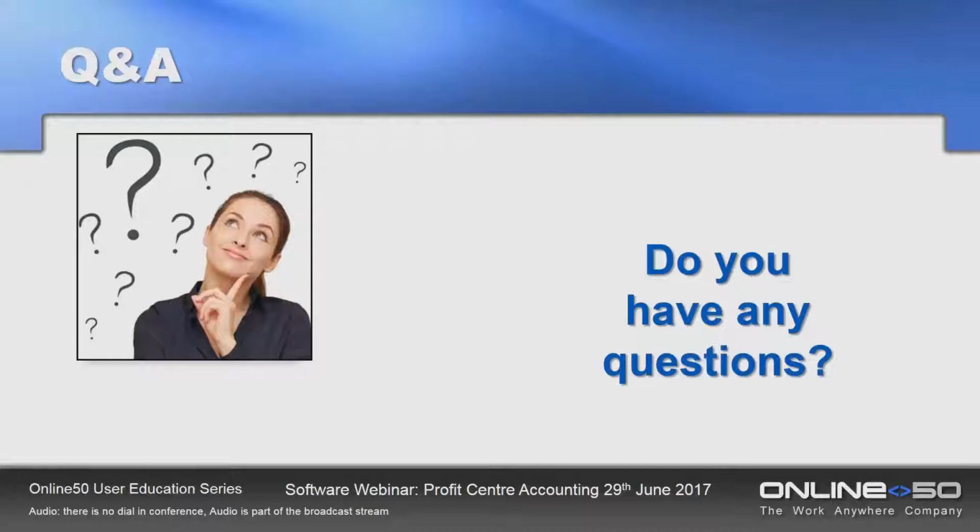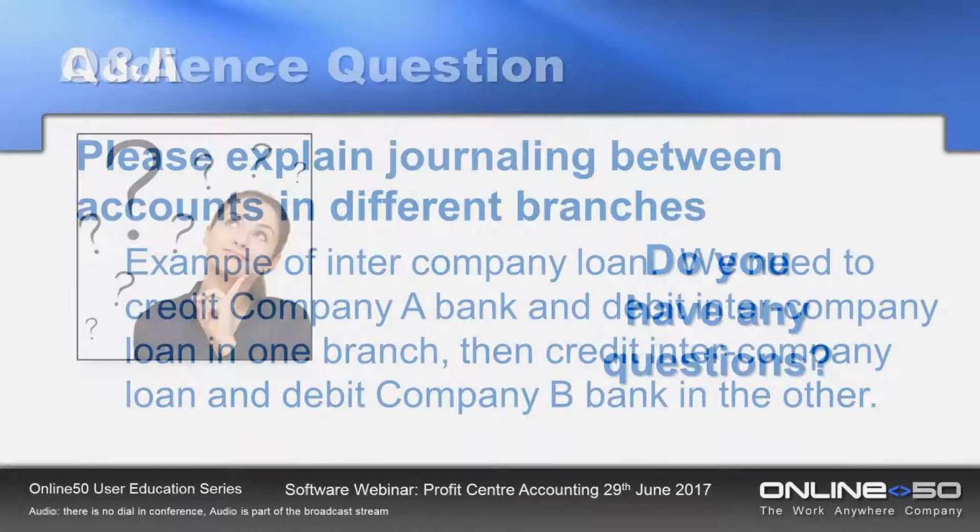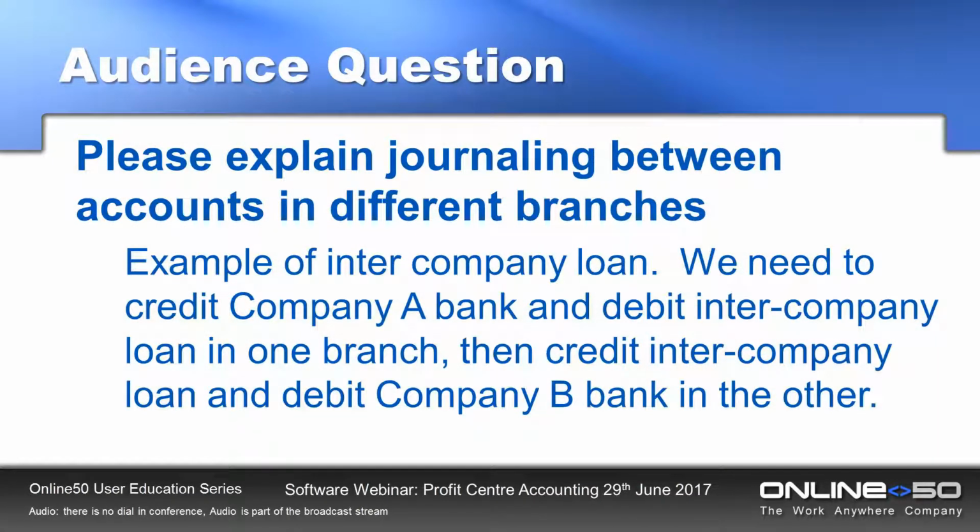So the first question: please explain journaling between accounts in different branches. Okay, so that was for Business One when I said you can't journal directly between accounts. Let me give you an example. One of the areas you can use branches, although it's not recommended specifically by SAP, is where you have a multi-company group.